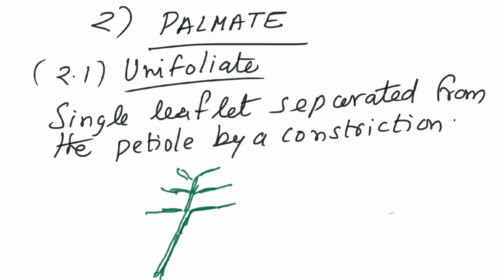Because the leaflet is separated from the petiole by a constriction, a kind of separation tissue which develops. Because of that constriction, if you look at a diagram, one surely feels that it's not palmate, it's pinnate, but it is a case of palmate, and that is happening because of this unique development of a constriction.